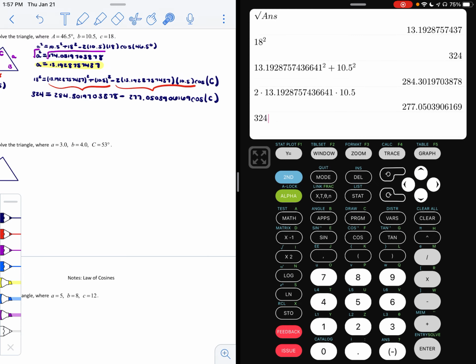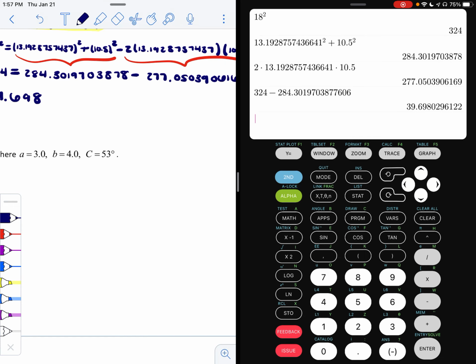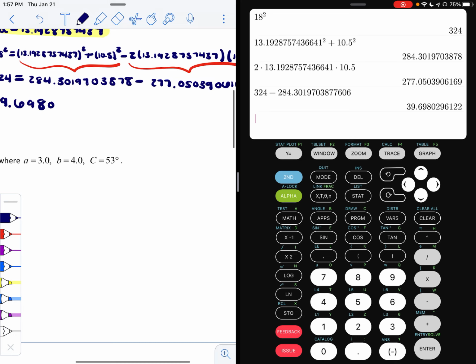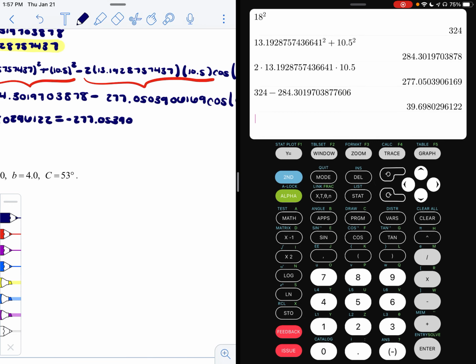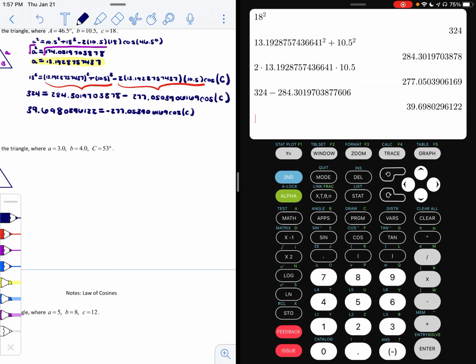So 324 minus that 284 number gives us 39.6980296122, and that's still equal to negative 277 cosine of angle C.